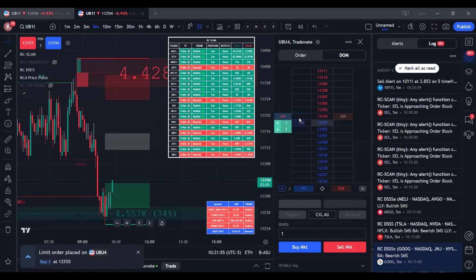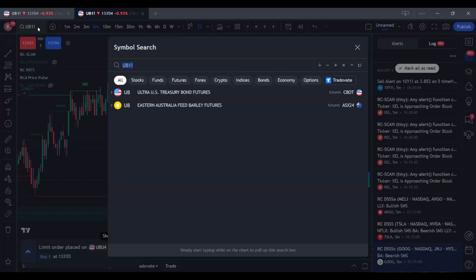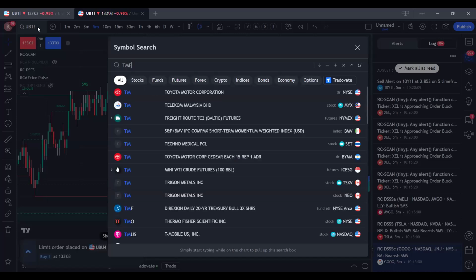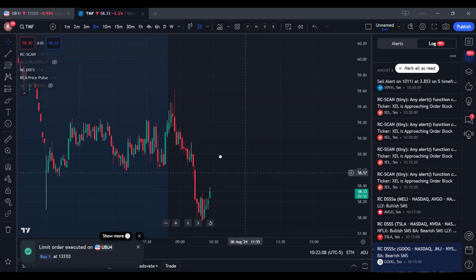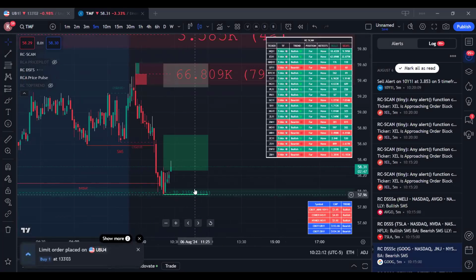And what is the stock we can buy when UB moves up? Then TMF will start moving up, right? So we can go to TMF and you can see that there is a huge buy order block at the bottom.